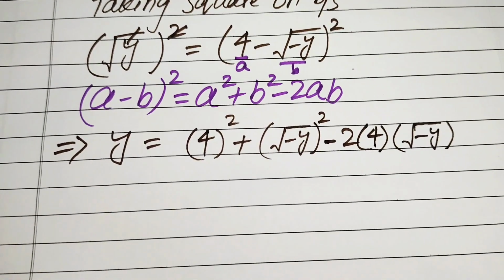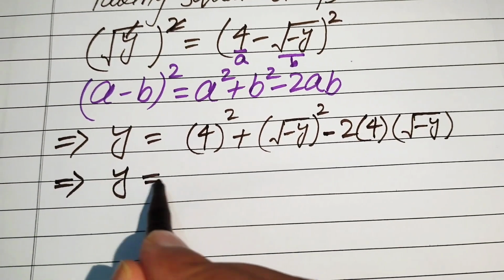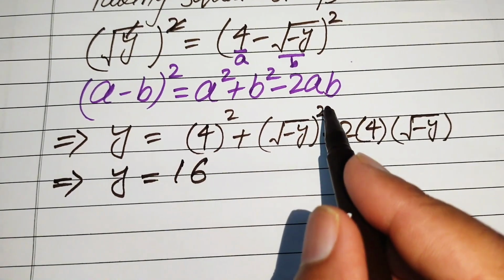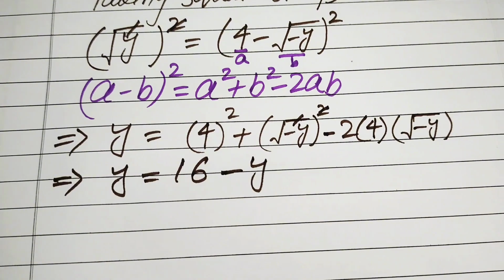In the next step we need a little bit of simplification. Here we have 4 square, and 4 square equals 16, and the square and square root are gone, and we get minus y.